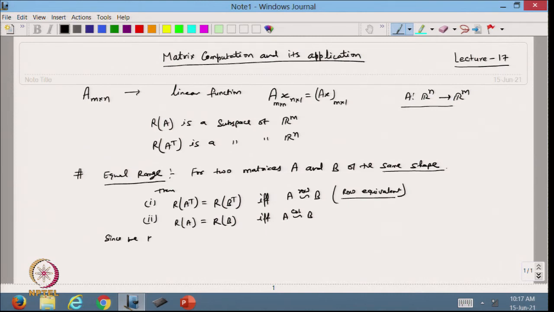Now, from the theory of row echelon form, we always transform the matrix A into some matrix U by the transformation P, where U is a row echelon form.